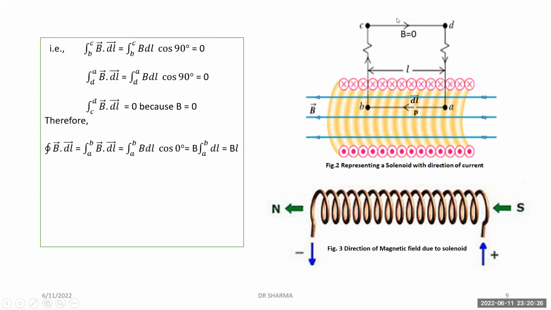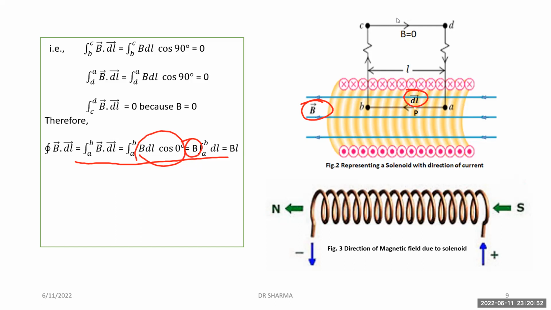Now the integration from A to B is calculated this way. From A to B, dl and the magnetic field B have the same direction, so the angle between B and dl is 0. So B dl cos 0. And inside the solenoid, B is constant, so we can take it out of the integration.